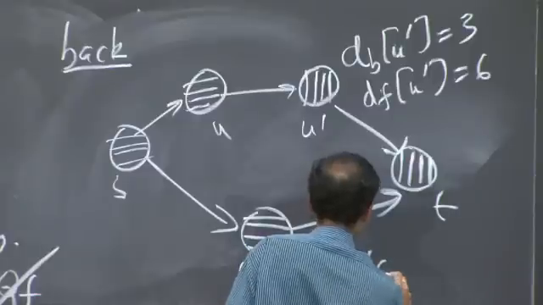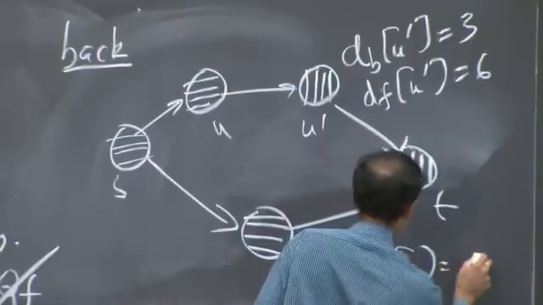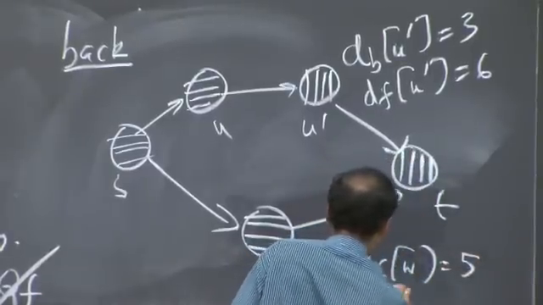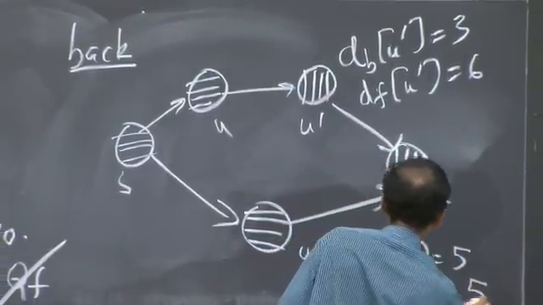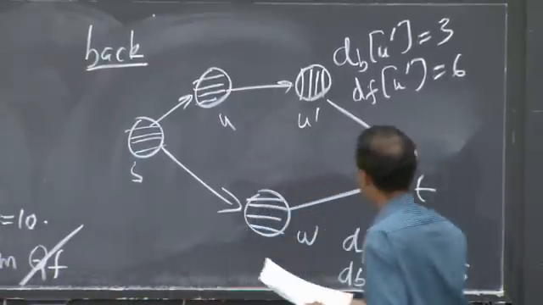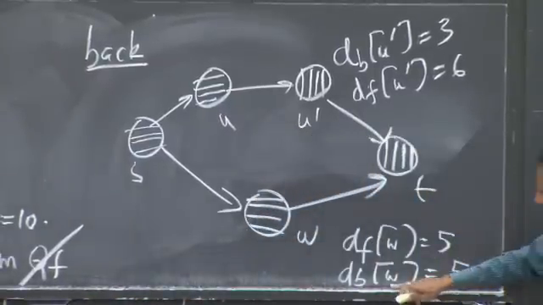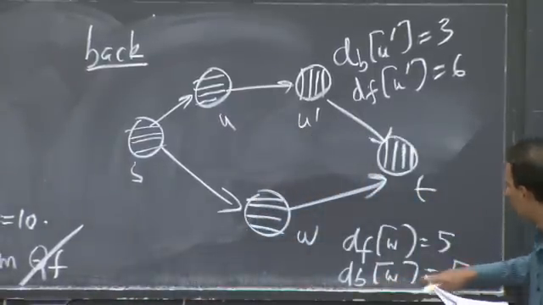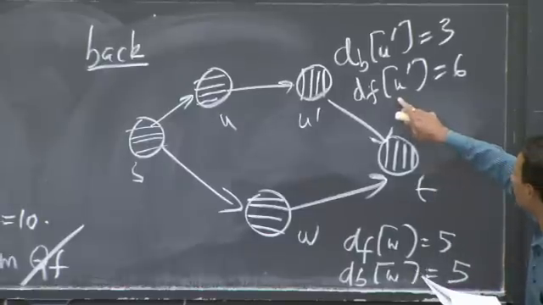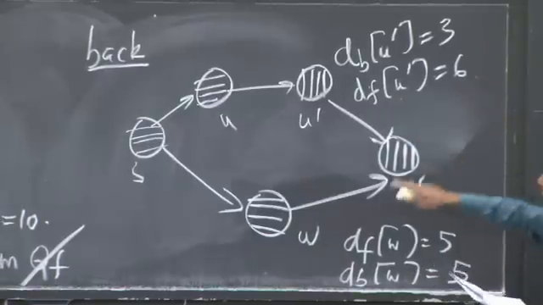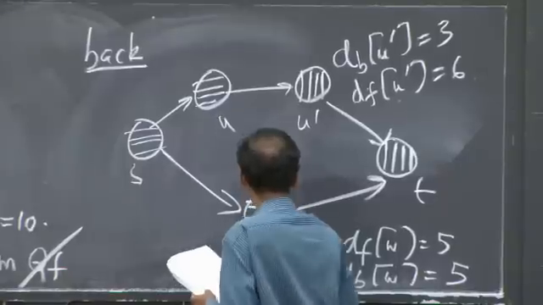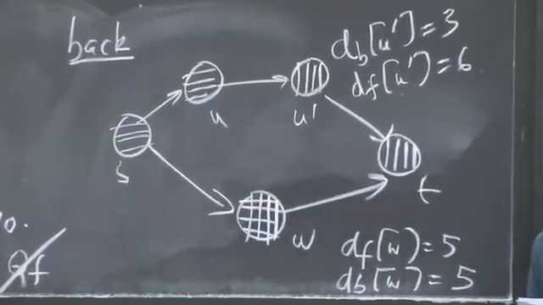This was DF of W equals 5, dB of W equals 5, and so on and so forth. Again, you compare W, and you see that dB of W equals 5, and DF of U prime equals 6. So therefore, you will pick W, OK?